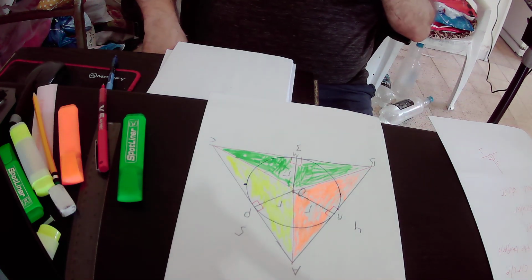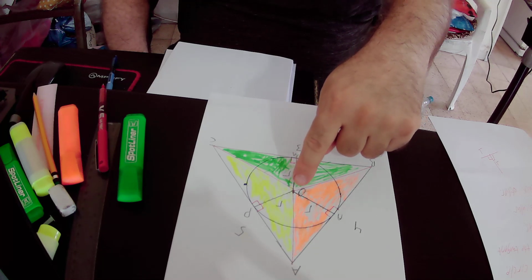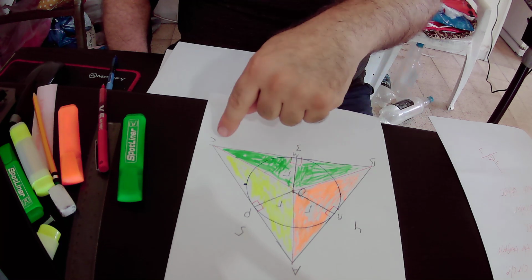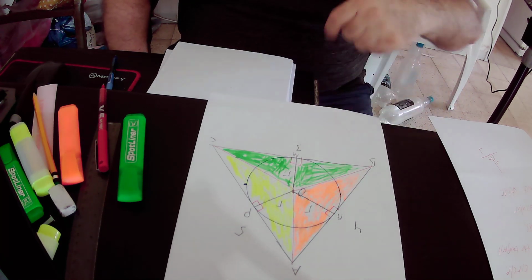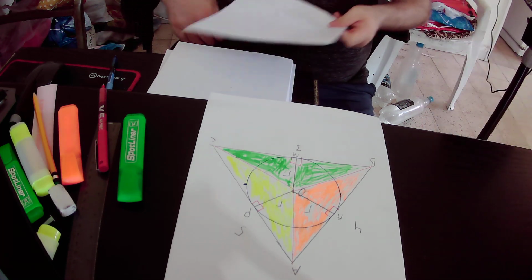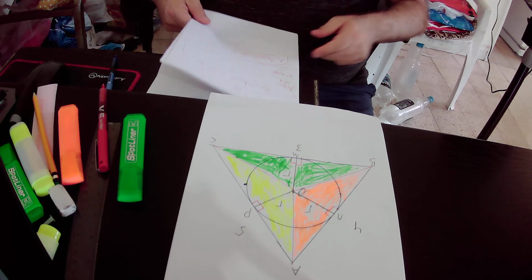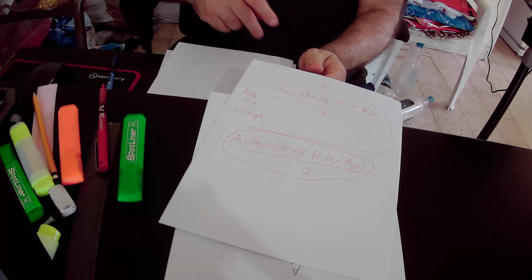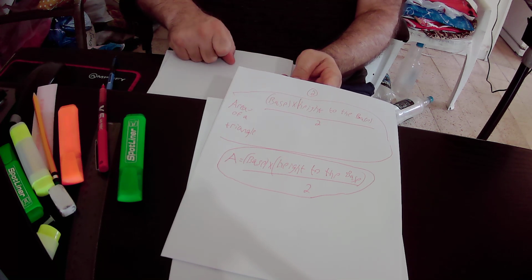Okay, so in the next step, we connected together points O and B by a straight line, and also we connected together points O and C by a straight line, and we connected also points O and A by a straight line. And we know the formula for the area of a triangle: the base of the triangle times the height to the base, all divided by 2.